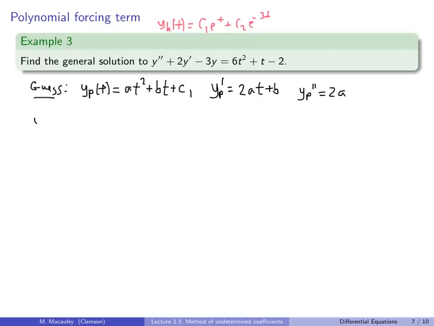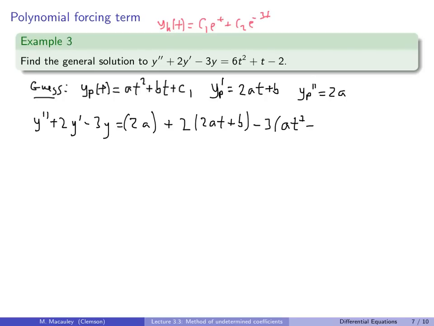We have y double prime plus 2y prime minus 3y. That's just 2a plus 2 times y prime, which is 2at plus b, minus 3 times at squared plus bt plus c.